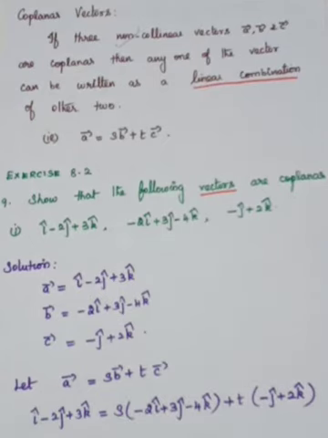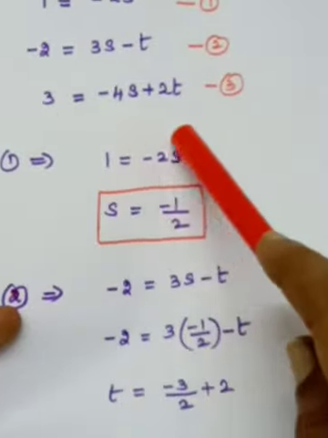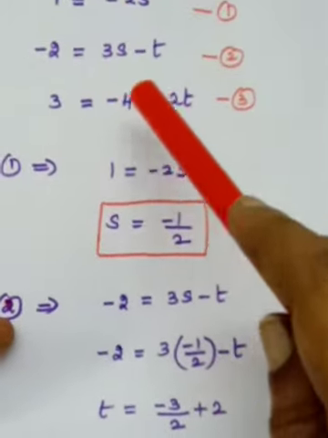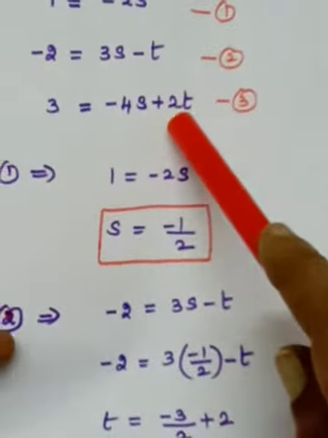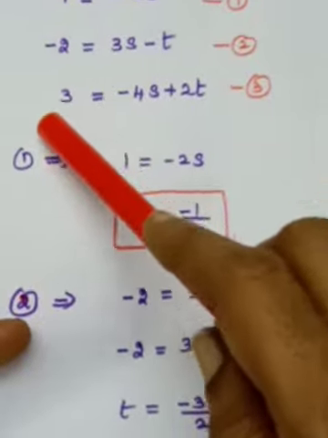What is 3? You see that 3 is the left side of the third equation. By substituting s and t, this equation is satisfied. We have taken the right hand side, on that we have substituted s and t, and the left hand side of this equation has arrived.